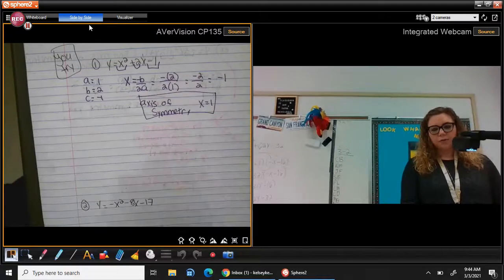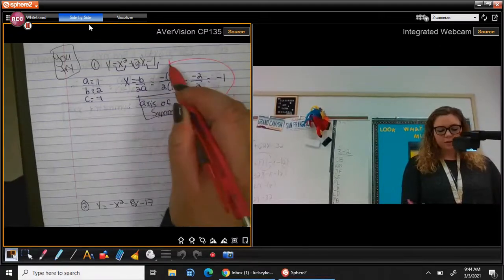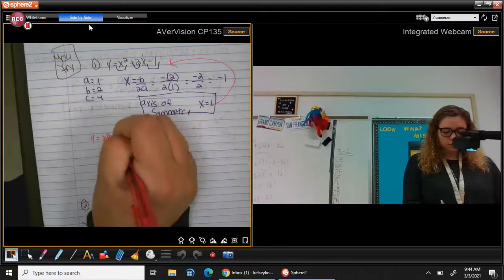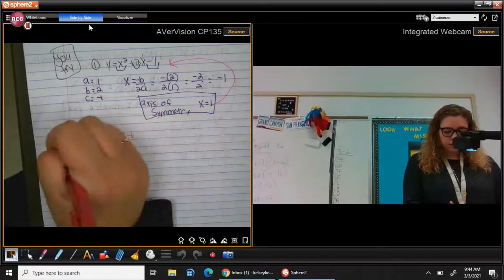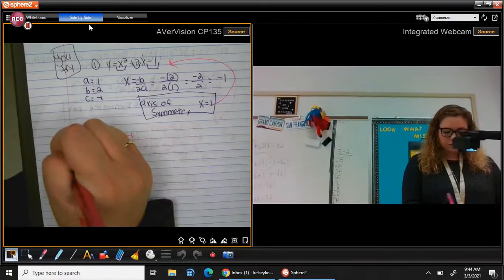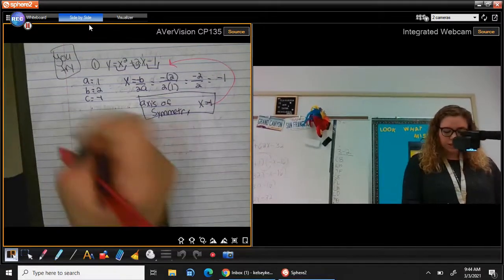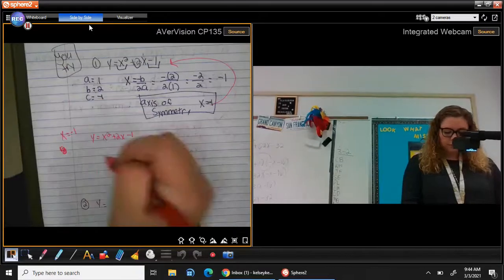Then to find my vertex, I'm going to plug this into this equation up there. So wherever I see an x, I'm going to plug in x equals -1.